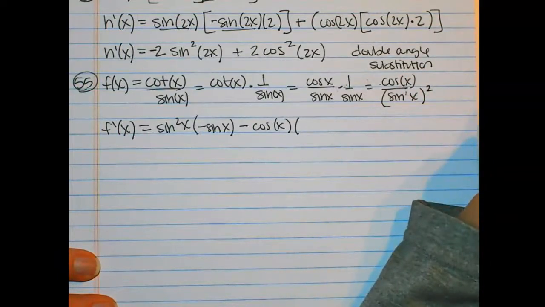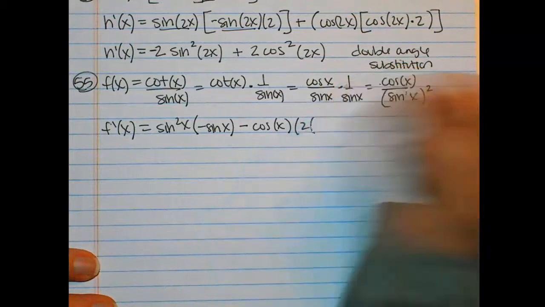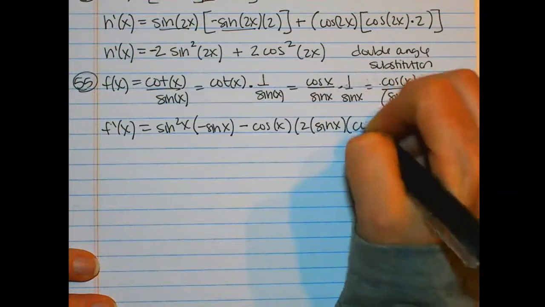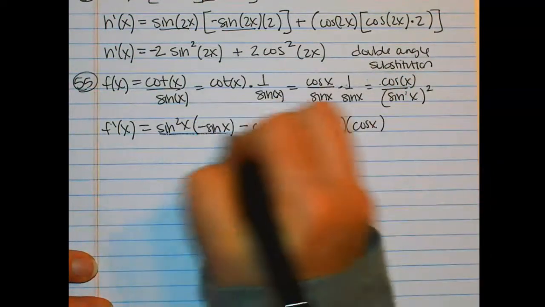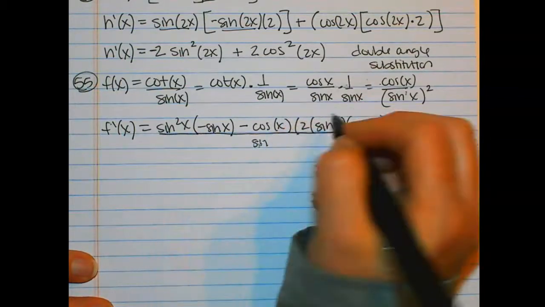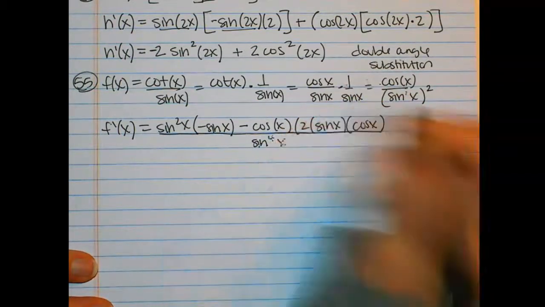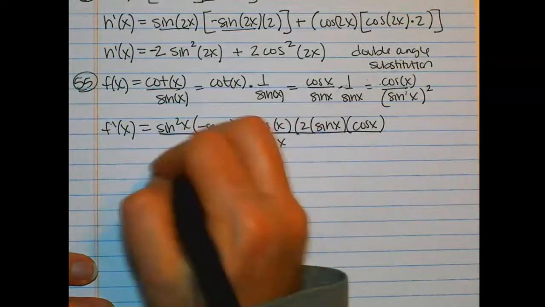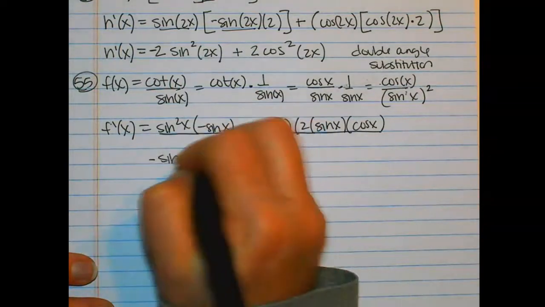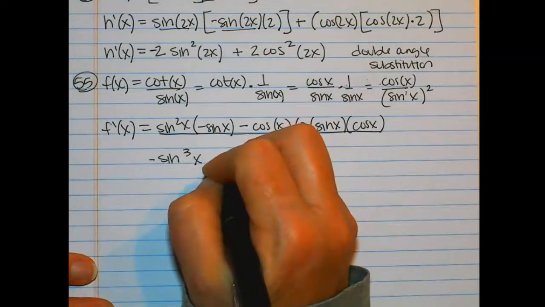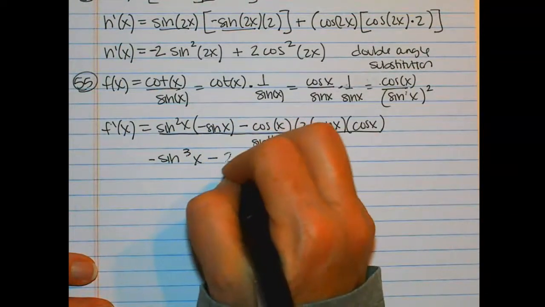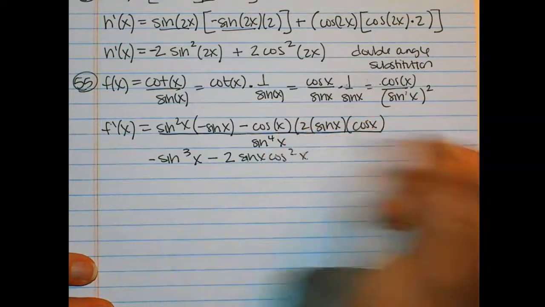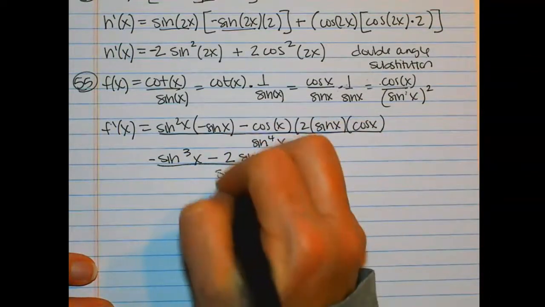It is its own chain rule, so that's going to be 2 times sine of x, keep the sine, then multiply by its derivative, which is cosine of x, all over sine of x squared, so that's sine to the 4th x. Now how does that help me? That's going to give me negative sine to the 3rd x minus 2 sine of x cosine squared x all over sine to the 4th x.